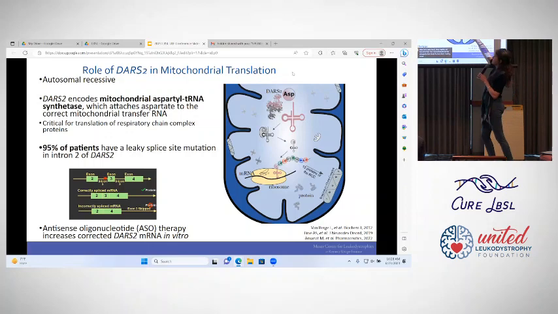So somehow aspartic acid is making it into these polypeptide chains, and these proteins do get made, and they're present in the respiratory chain complex. So from what we understand, the main role of DARS2 is still there and is still working adequately. But regardless, there is mitochondrial dysfunction, and there are symptoms in the kids.